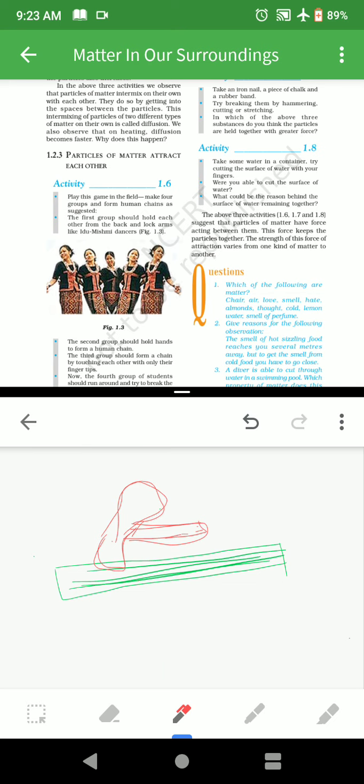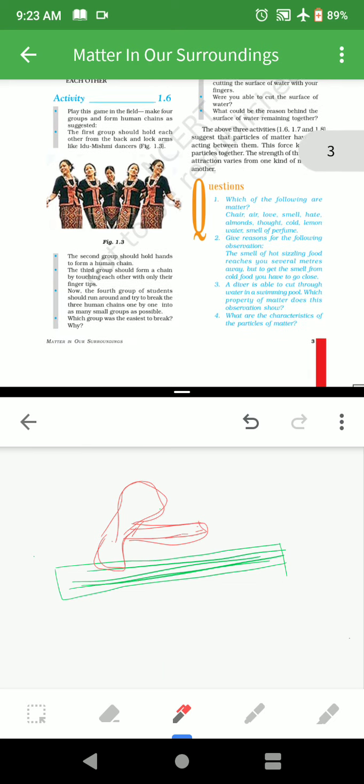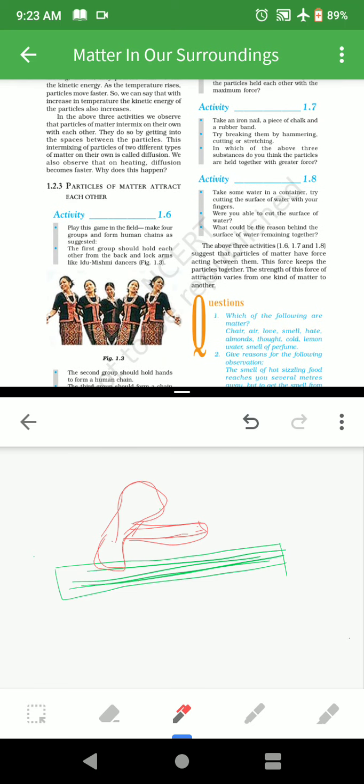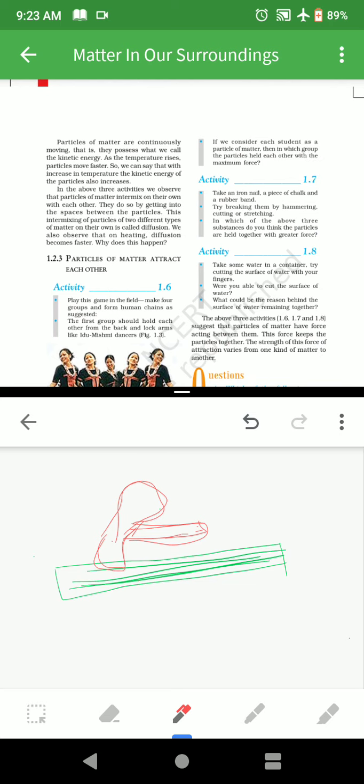Because in all particles it has kinetic energy. Now what is the meaning of kinetic energy? Kinetic energy means when you force something, some object or any object, that object will force you back.